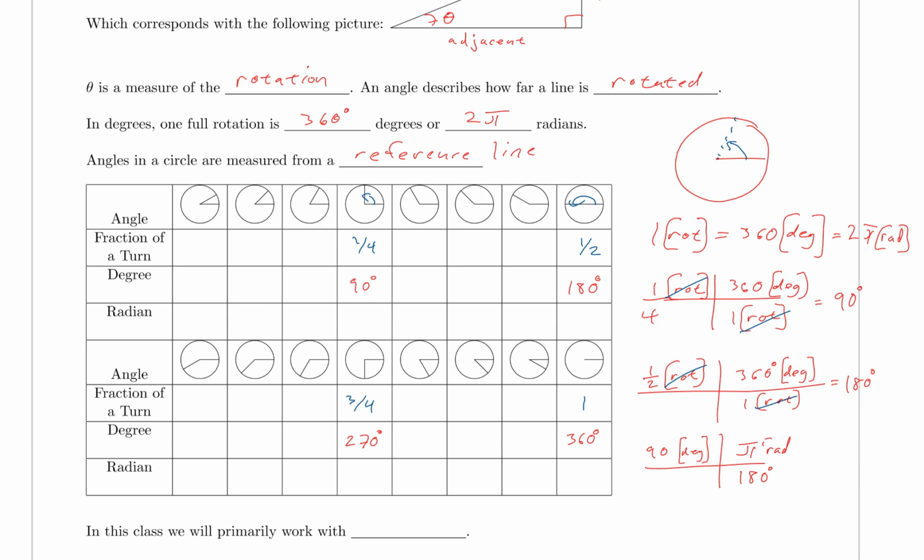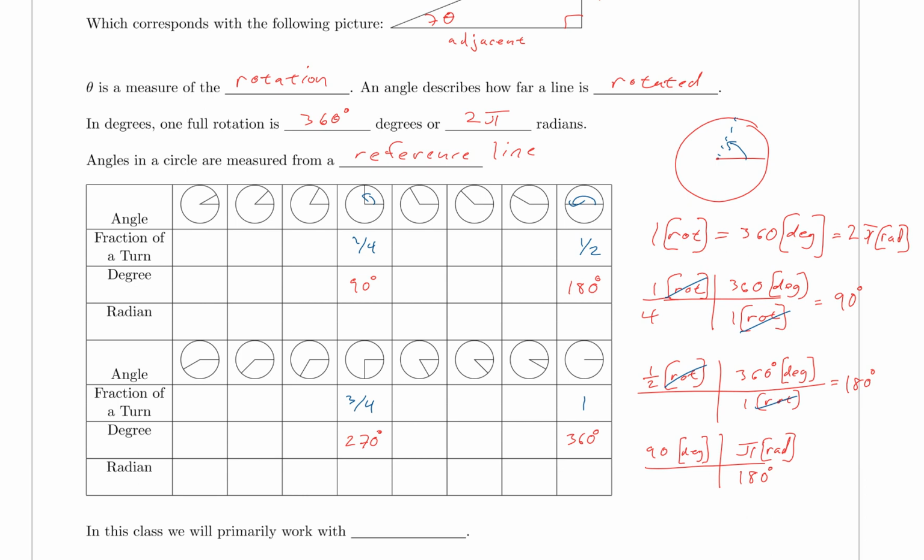That's the conversion we're going to use, because if you look up here, you have 360 and you have 2 pi. You divide both of these by 2, this guy becomes pi right here, and this guy becomes 180. So we have pi over 180.